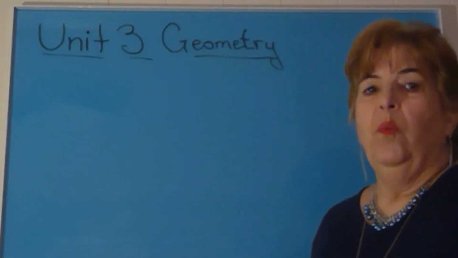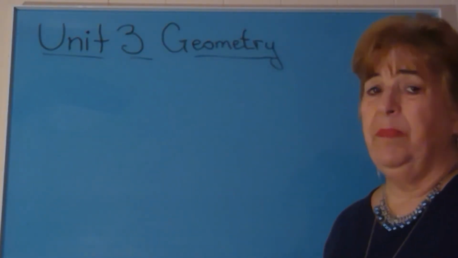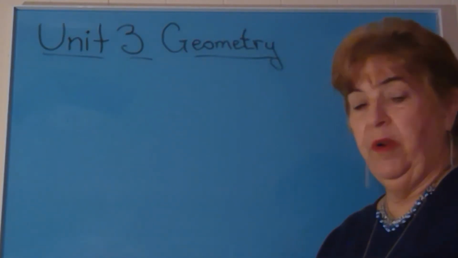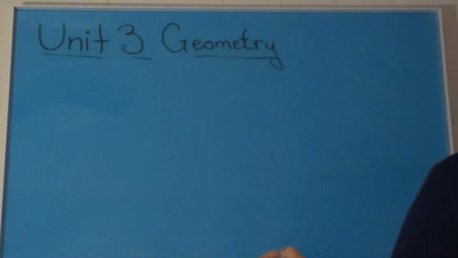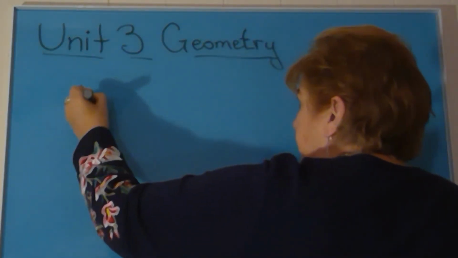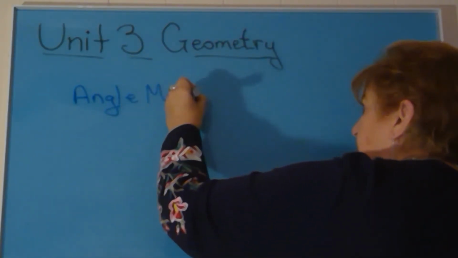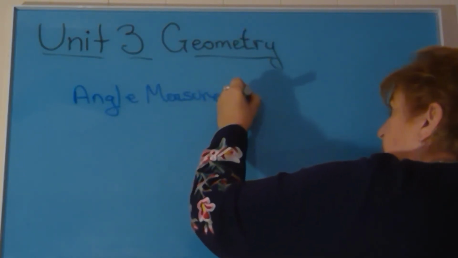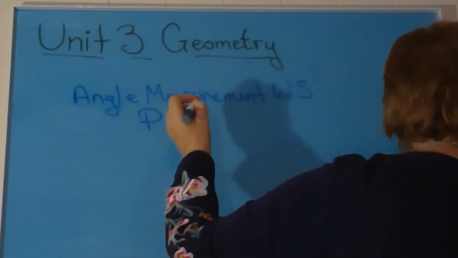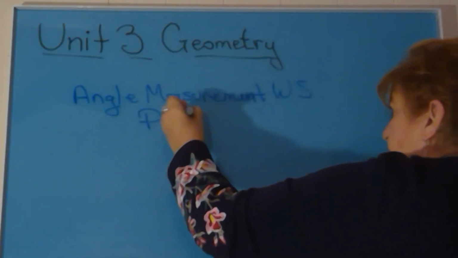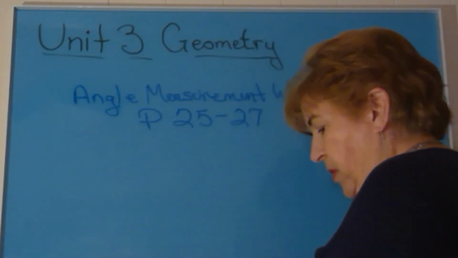What I need you to do now, I've given you quite a bit of information in a very short amount of time. The angle measurement worksheet, which is pages 25 through 27 in your handbook.